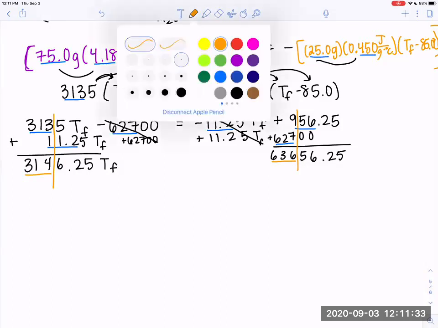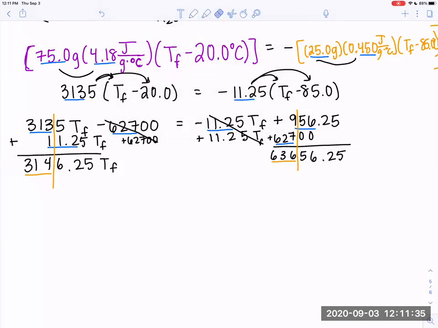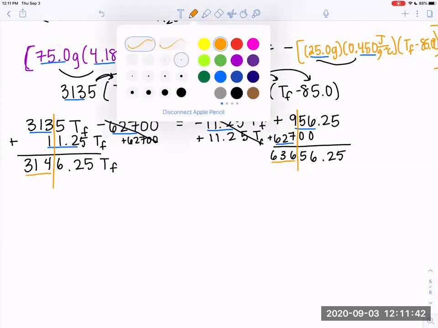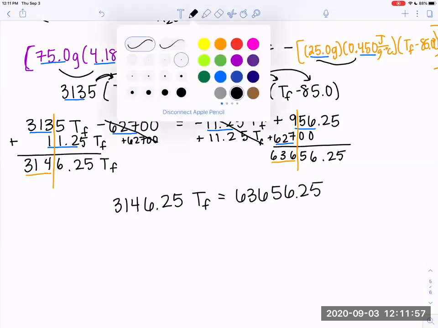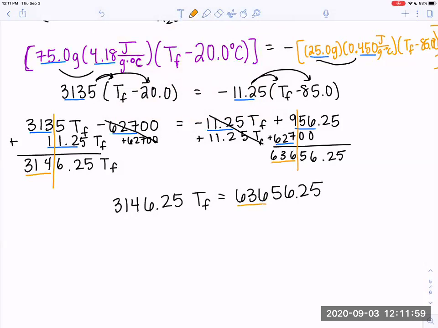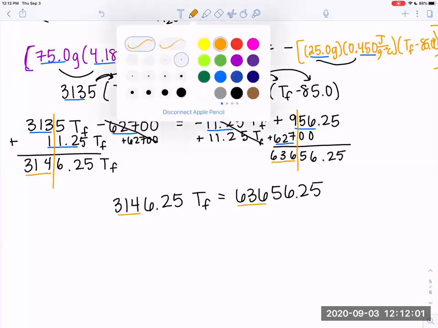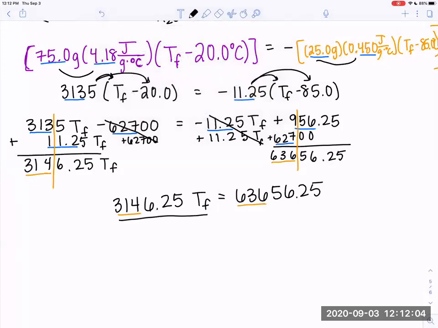So we're not rounding, we're just keeping. Let's use orange for the addition subtraction rule and blue for the multiplication division rule. Let's bring all this down into a nice, neat area. Equals 63656.25. Remembering from our addition subtraction rule, we still have these sig figs, and not the whole number gets to be used. So dividing both sides to make TF by itself now for our final step.